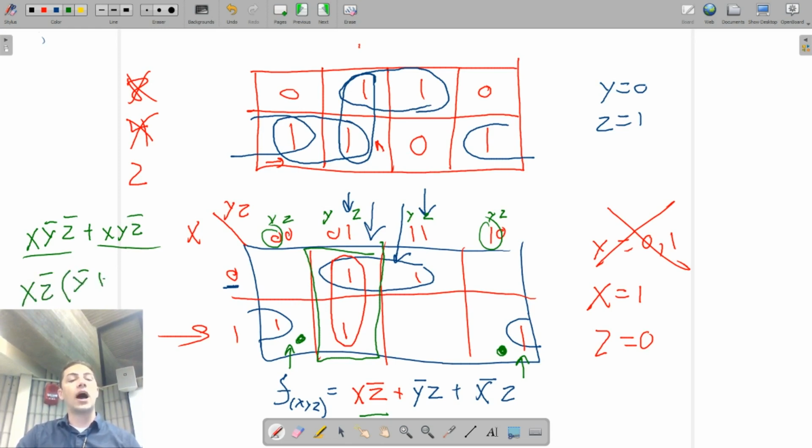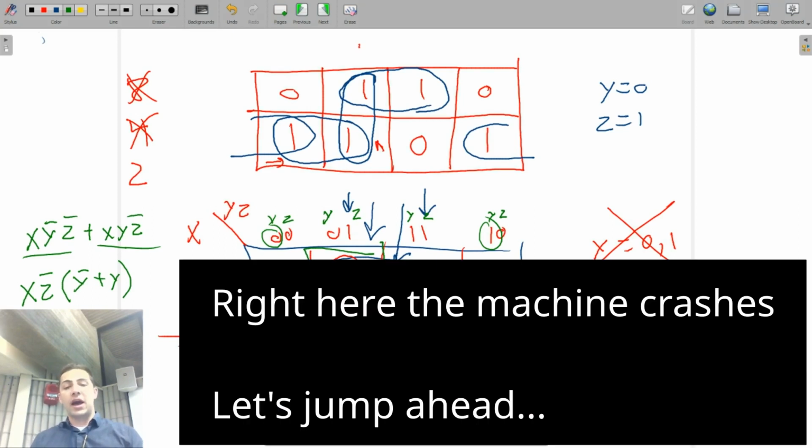If you algebraically factor out X, Z bar from both of those terms, you're left with Y bar or Y. Y bar or Y is just equal to 1 based on our rules of Boolean algebra. And then 1 ANDed with anything is itself. So we end up with X, Z bar. So it's still doing the same process. We could have done this using Boolean algebra, but it's a heck of a lot easier to see visually. It's just how humans work. We're really good at pattern matching.